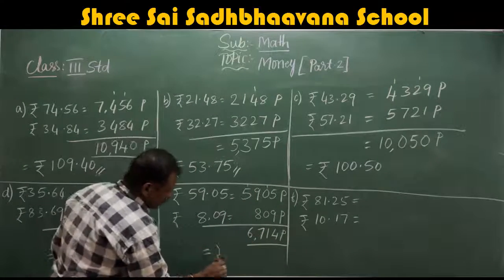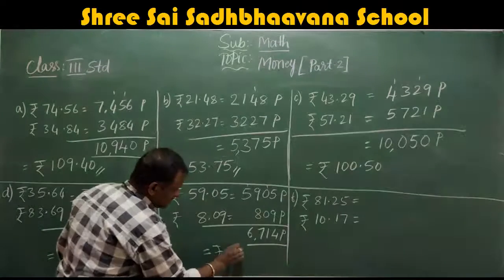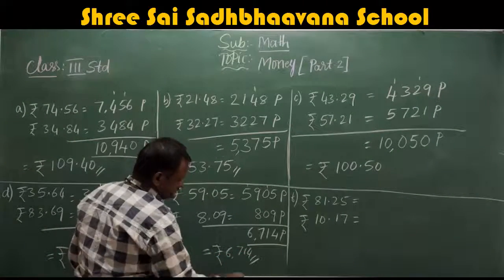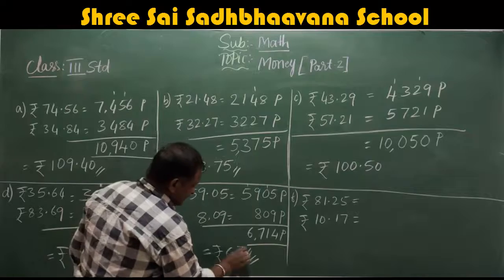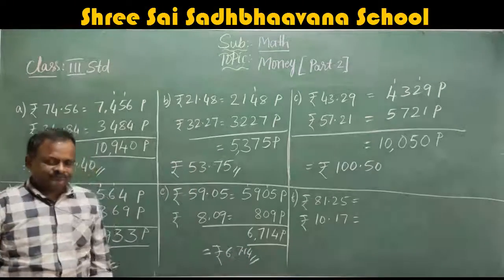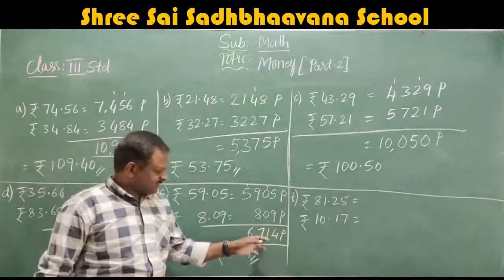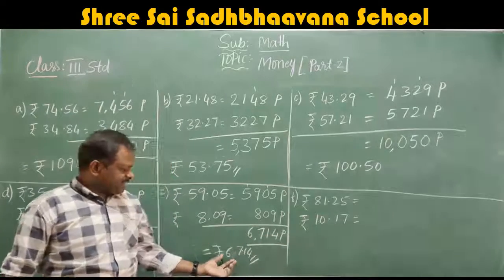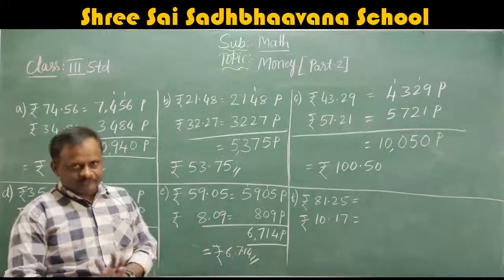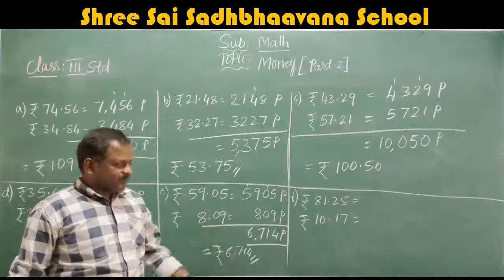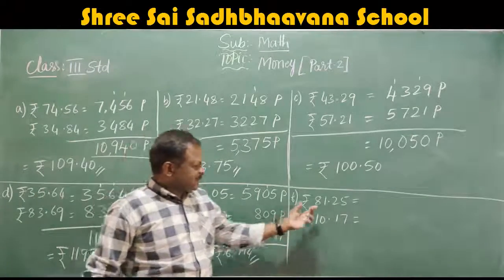That is equal to rupees 67.14. 6,714 paise can be written as rupees 67.14. Next, come to here.